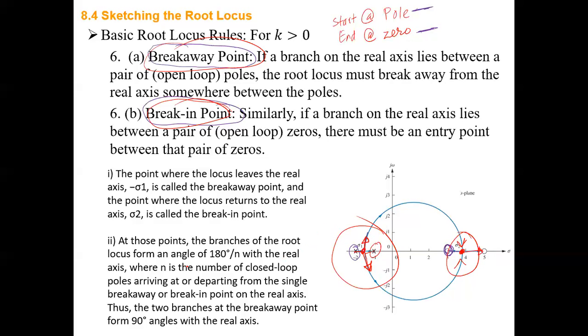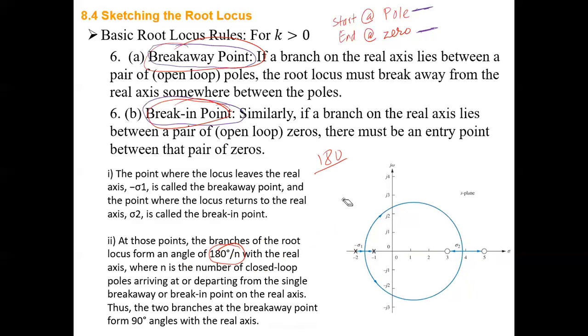Now, the next thing I explained here is what is the angle of the break in and breakaway points? Do they break away like this or like this? How do I know? Because I have a formula: 180 over n. So how many branches do I have here? One branch this way, the other branch this way, right?